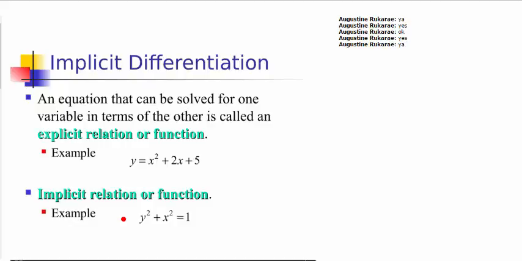In that case, it will not be easy to make y the subject of the formula, right? So if you come up with a situation like that, that's when we use implicit differentiation. You getting me? Good.